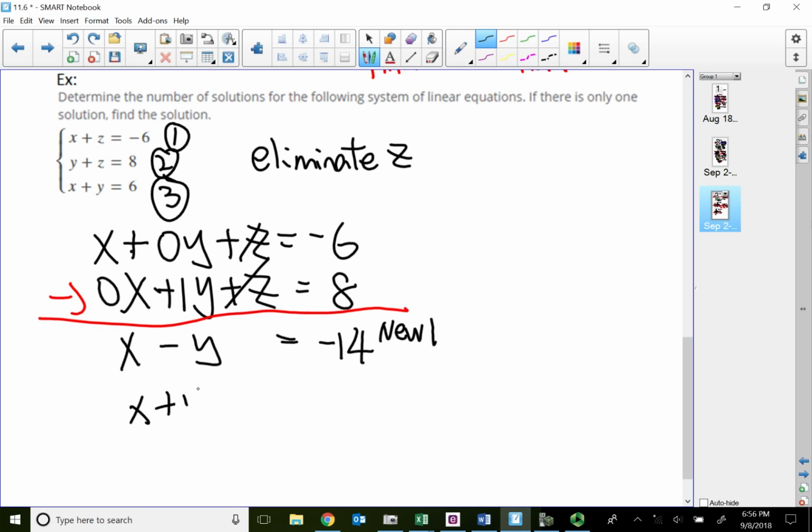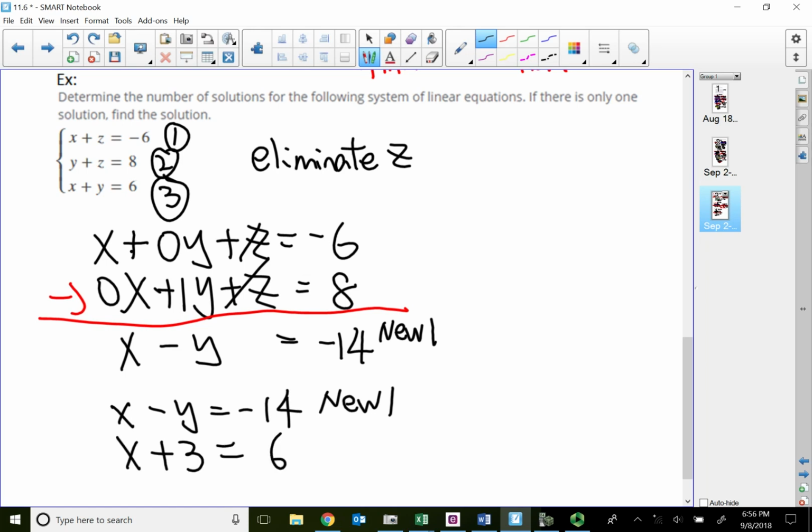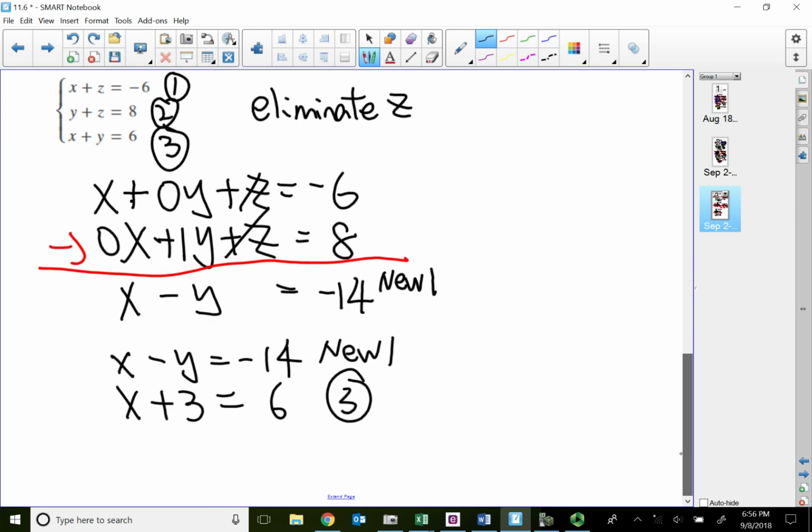So now I can actually line up my new one, which is x minus y equal to -14, with my third equation. And since the coefficients are all the same, I'm just going to do another elimination. So this time, I'm going to eliminate the y. We'll have different signs, so I'm going to add them.